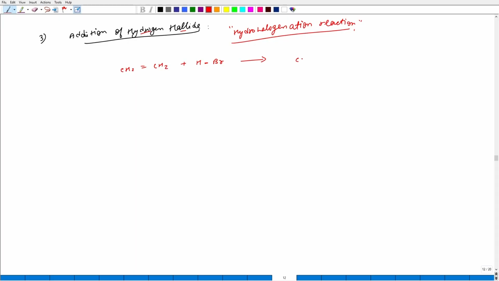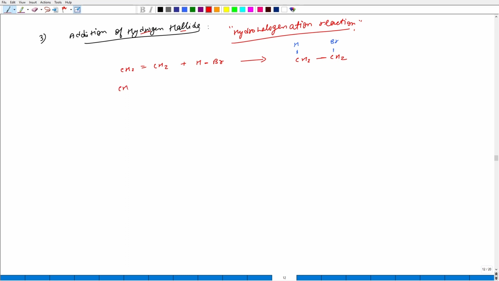So, one carbon will take up the hydrogen and one carbon will take up the bromine, and this C double bond C will be converted into a C single bond C. This double bond will no longer be there. So, this is the reaction.